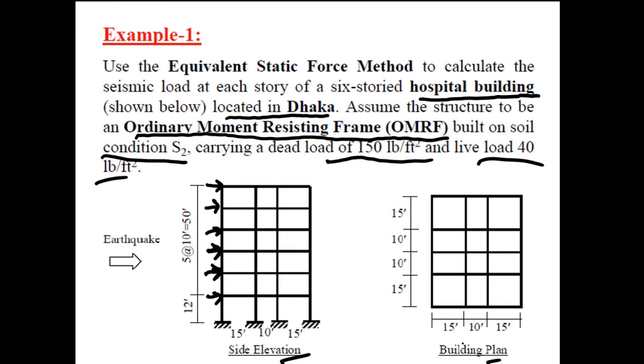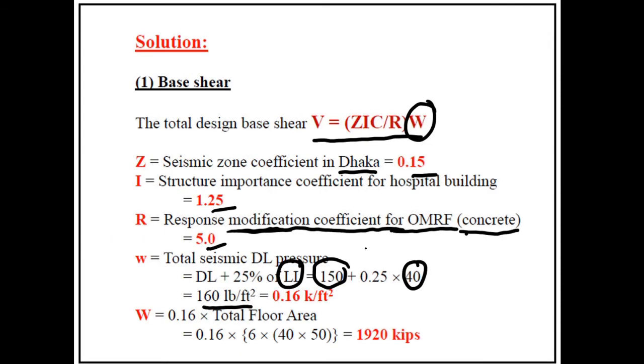From this building plan we can easily calculate the area. It will be 40, and 15 plus 15 is 30, and 20 is 50. So multiplying 40 into 50, we will get the total load per story, and as it is a six-storied building, multiplying with 6, we will get 1920 kips.